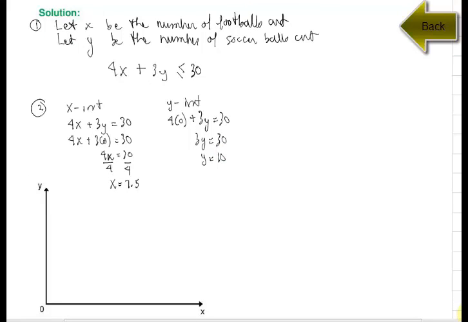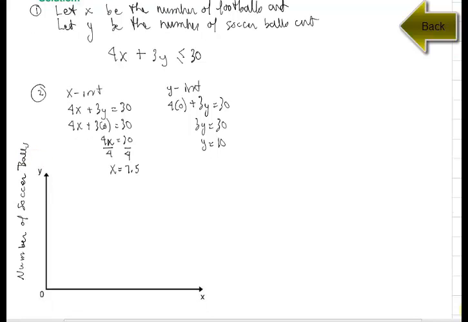Okay, so I said y is the number of soccer balls, so the number of soccer balls goes along the y-axis. And the number of footballs goes along the x-axis. And I know that my y-intercept is 10, so I'm going to make this 5 and this 10.